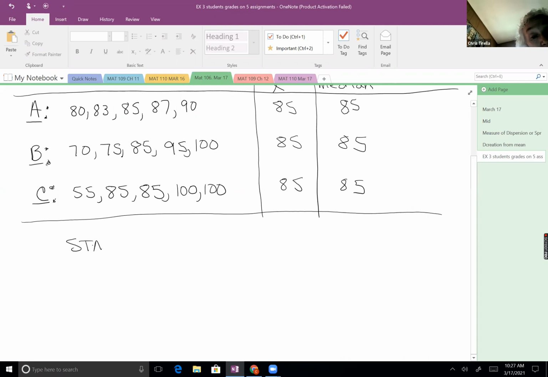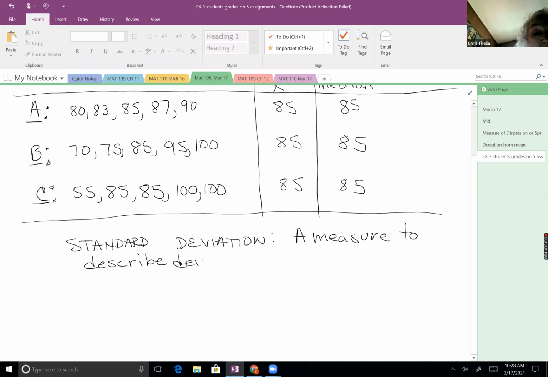And again, that standard deviation is a measure to describe the deviations from the mean.